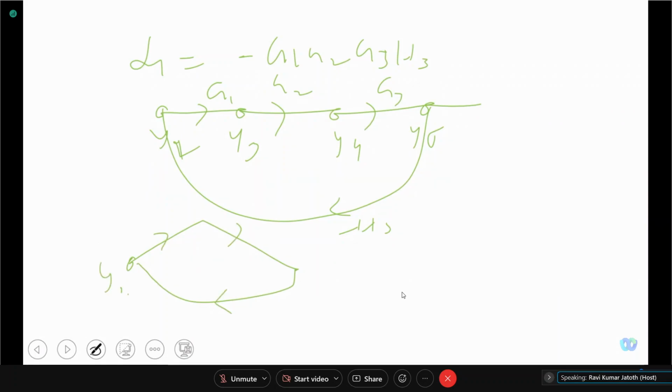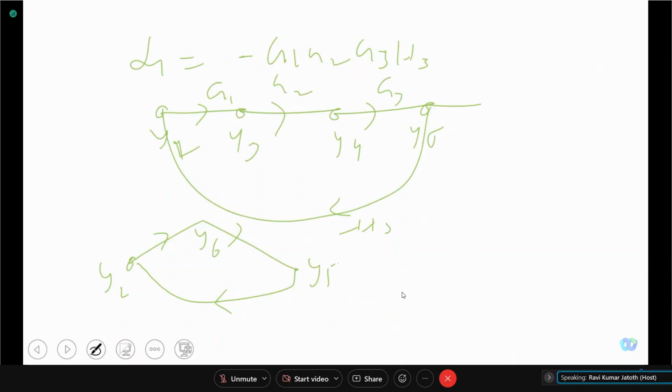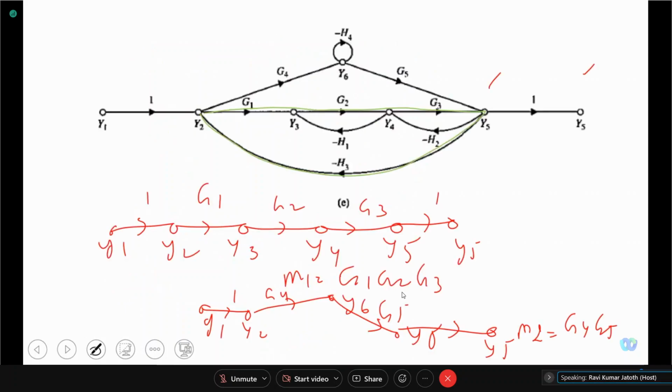This is Y2, Y6, Y5, right? Now gains: G4, G5, minus H3. Then L2 is minus G4, G5, H3. Right. So is there any possibility here? So this is one more.